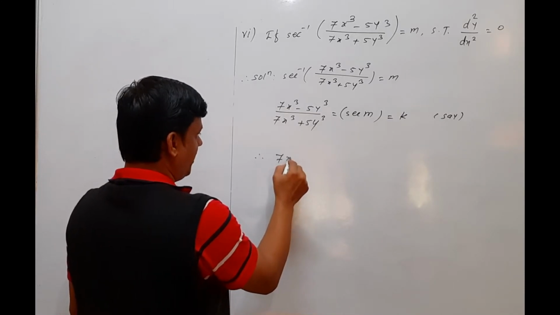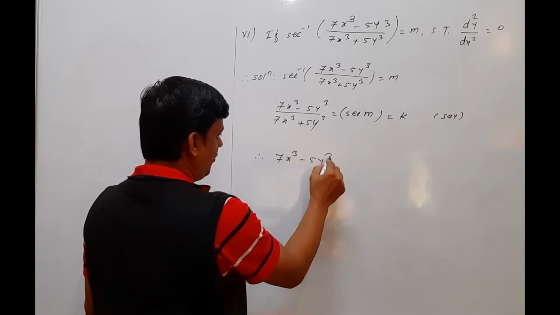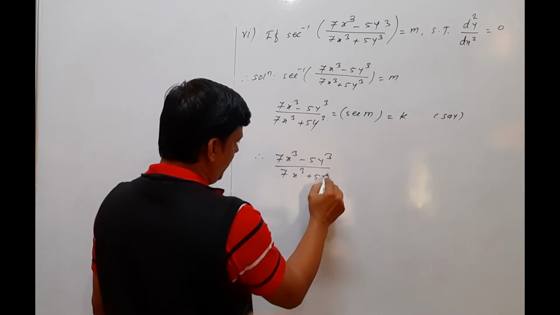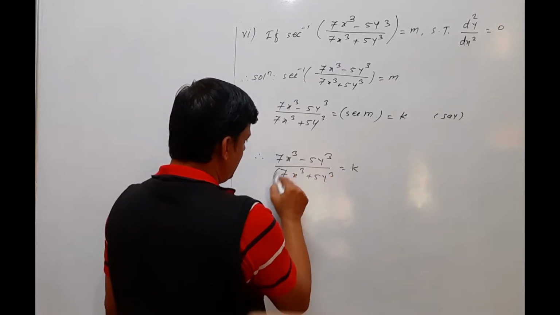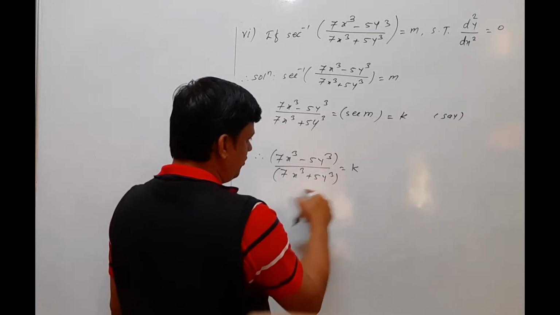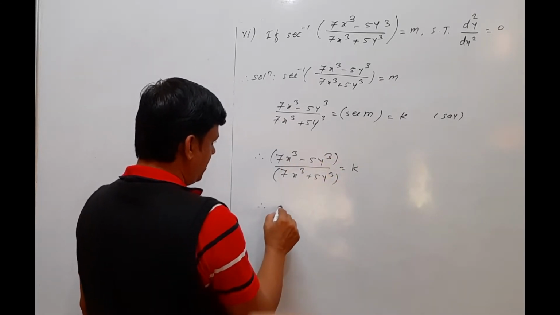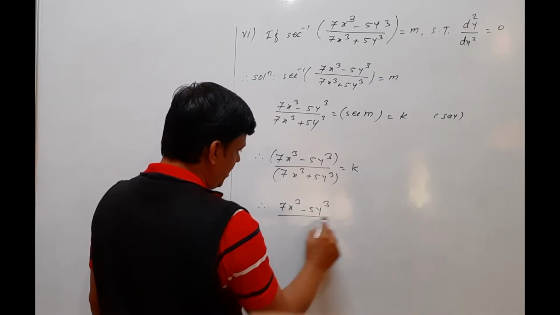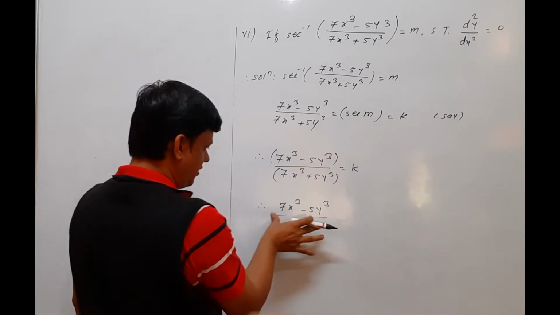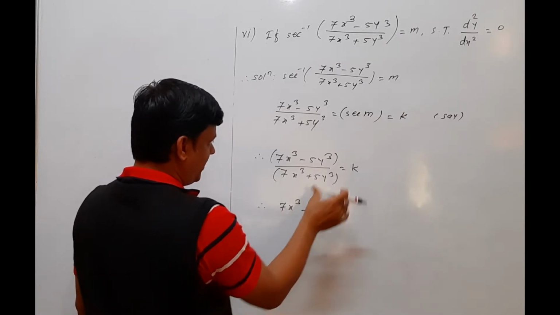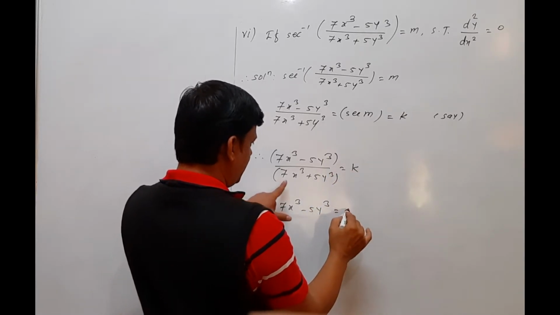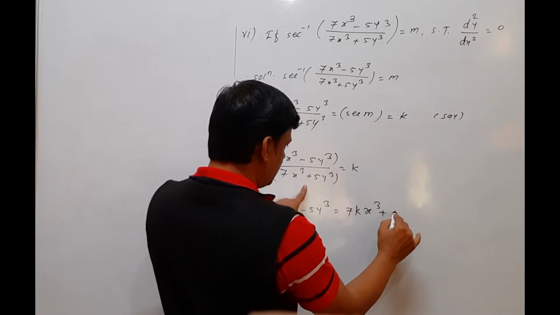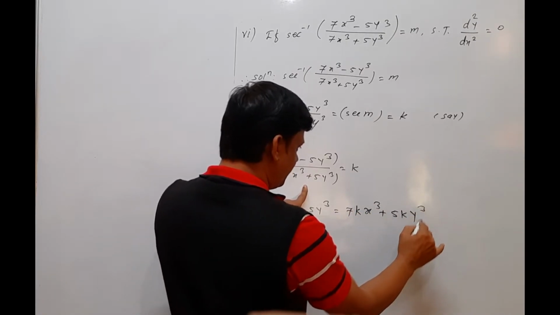Therefore 7x cube minus 5y cube upon 7x cube plus 5y cube is equal to k. We transfer this denominator to right hand side. So we get here 7x cube minus 5y cube is equal to, we multiply by k, so write here 7k x cube plus 5k y cube.